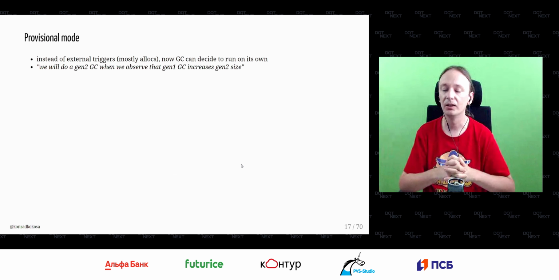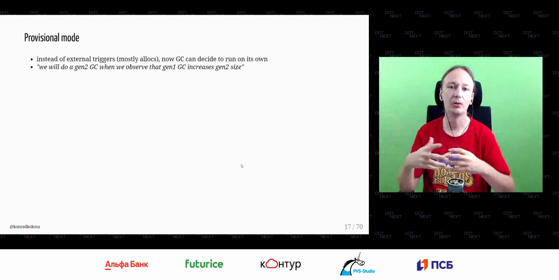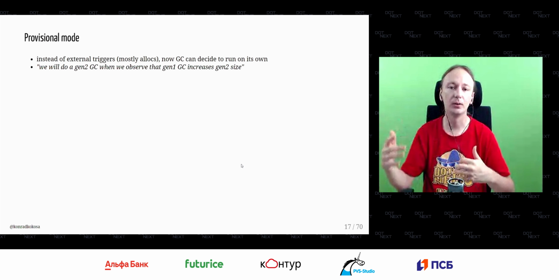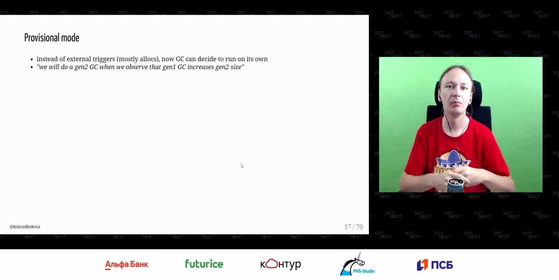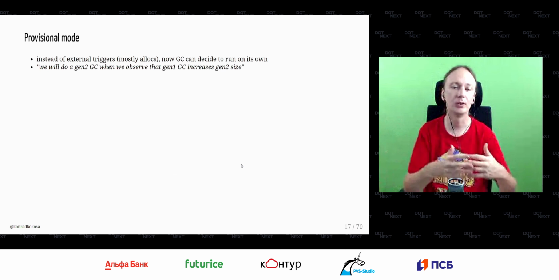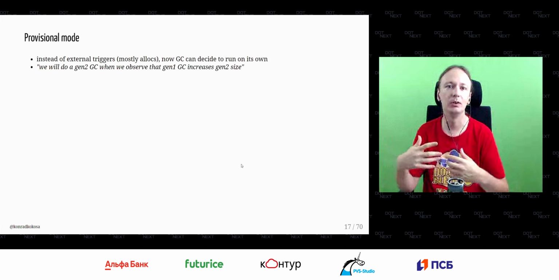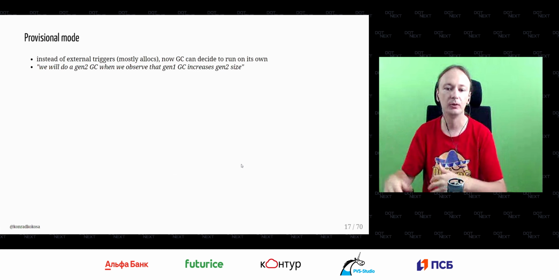But unfortunately, if we have big fragmentation because of a lot of pinned objects, and those pinned objects are long-living, it means that we will do a lot of compacting full GCs, fighting with fragmentation, but this fragmentation will not go away because it is caused by pinned objects. So all those full compacting GCs would not be productive. So in such a scenario, we will use this provisional mode.